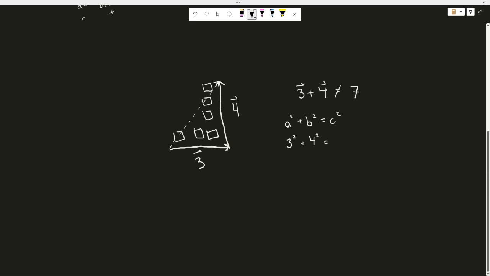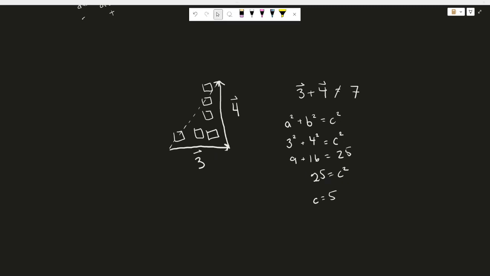And this will equal my resultant squared, so c squared. 3 squared is 9 plus 16. This is 25. So 25 is my c squared, and that means that c is 5. So even though I went 3 blocks and then I went 4 blocks, I'm actually only 5 blocks, as the crow flies, as one would say, from home.